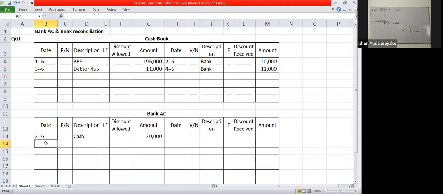And then bank account debit, 4th June, cash 11,000. Cash book credit, bank account debit. Cash book credit 11,000 and then bank account debit 11,000.